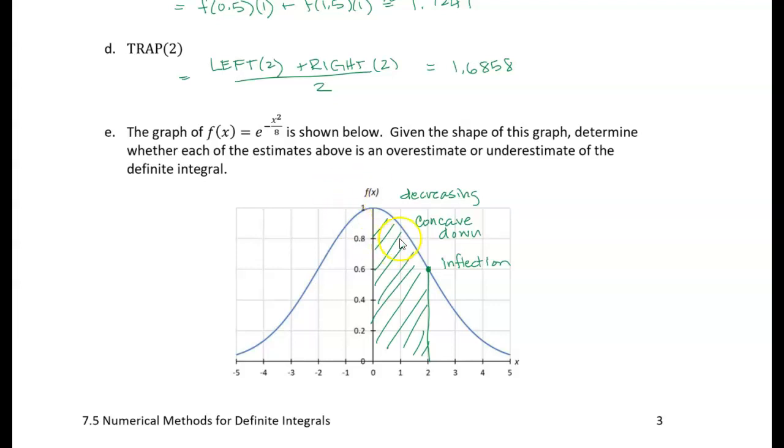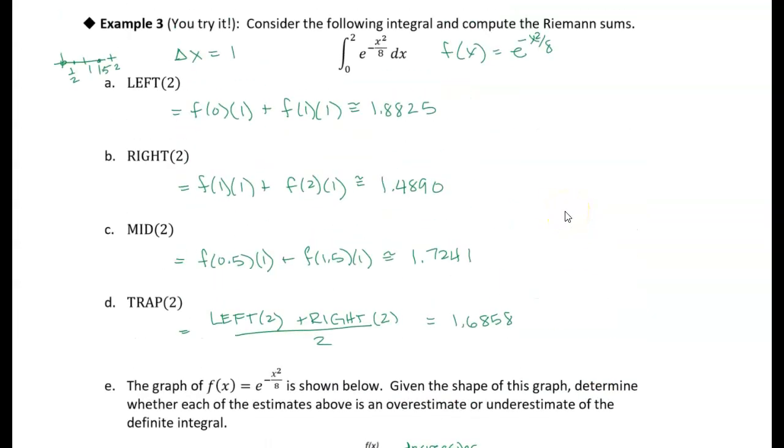So let's go back up to our Riemann sums and evaluate them. So the left-hand sum is going to be an overestimate, right? Because f of x is decreasing, the left-hand data point is going to be higher.